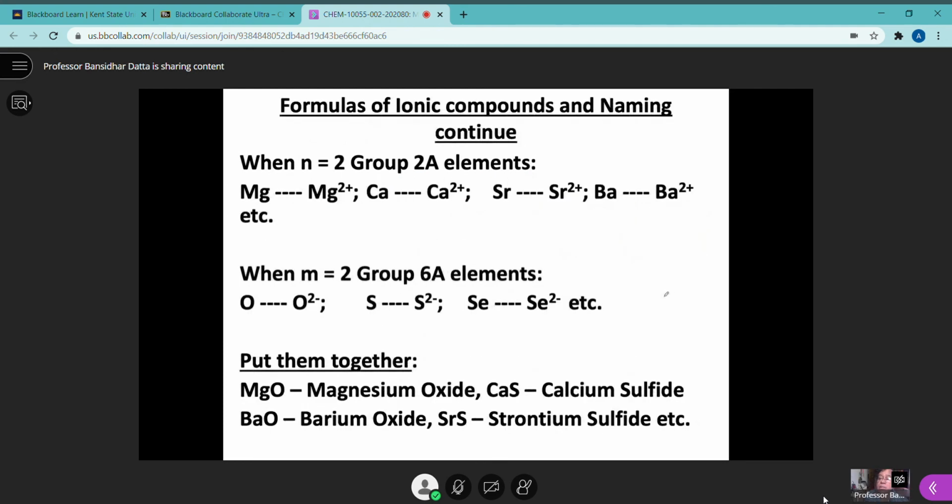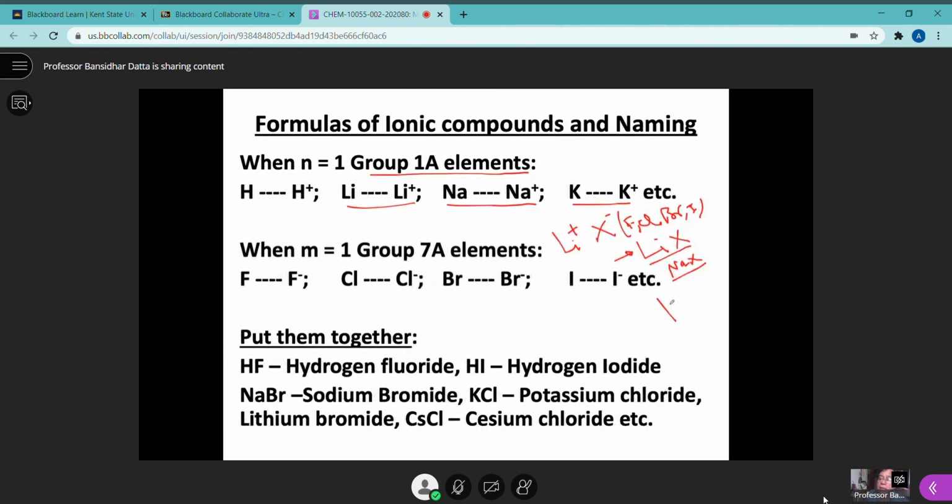Likewise, if you have KX, let's say X is F, fluorine, the name will be potassium fluoride. That is right. Very good. And if it is H plus, then you get hydrogen fluoride. If HI, hydrogen iodide. So sodium bromide, NaBr, KCl, potassium chloride, lithium bromide, cesium chloride, etc.